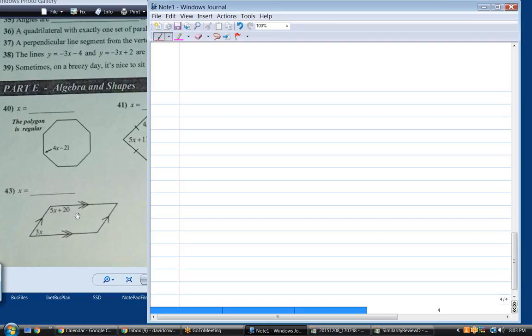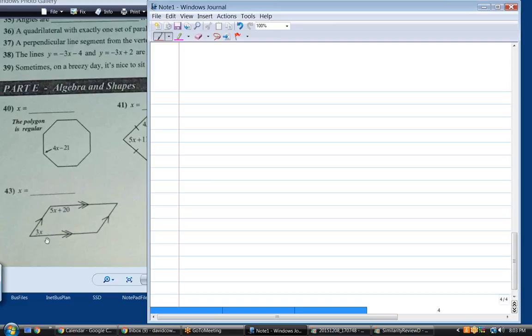And what do I know about parallelograms? What's the relationship between that angle and that angle? They're congruent. Correct. And this angle and this angle. Congruent. And this angle and this angle. Supplementary. Good.